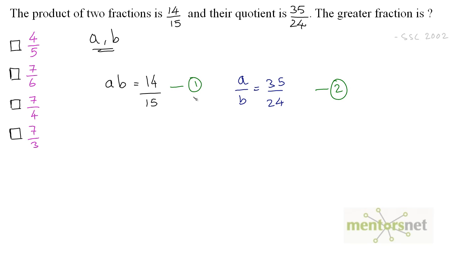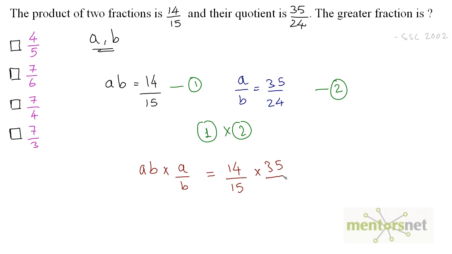So if we multiply 1 by 2, on the left hand side we will multiply AB times A by B. So we get AB times A by B is equal to, on the right hand side, 14 by 15 times 35 by 24. So this B and this B get cancelled out.